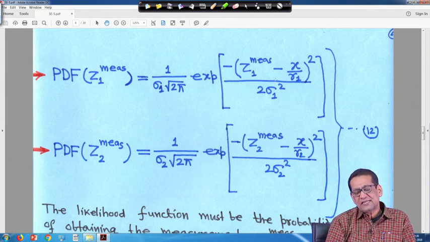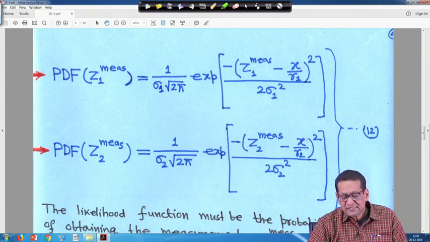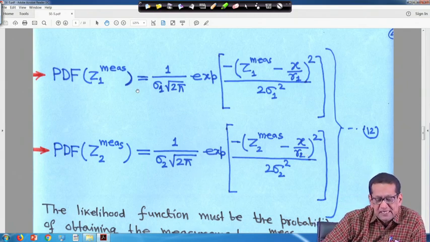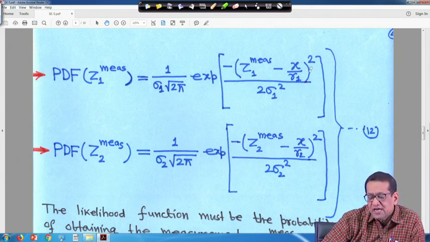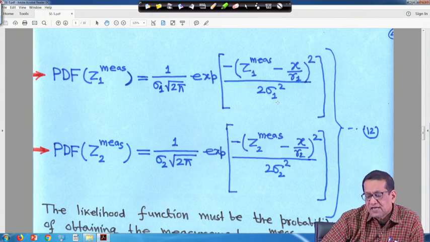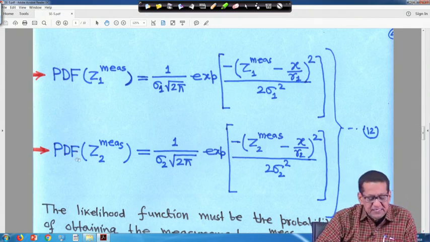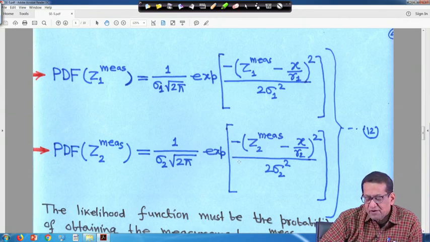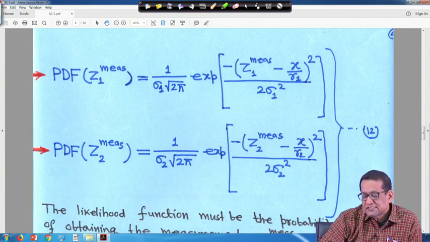Similarly, z2 true will be x upon r2. So the PDF of z2 measure will be 1 upon sigma 2 root over 2 pi e to the power minus, in brackets, z2 measure minus x upon r2, whole square upon 2 sigma 2 square. These two equations combined are equation 12.